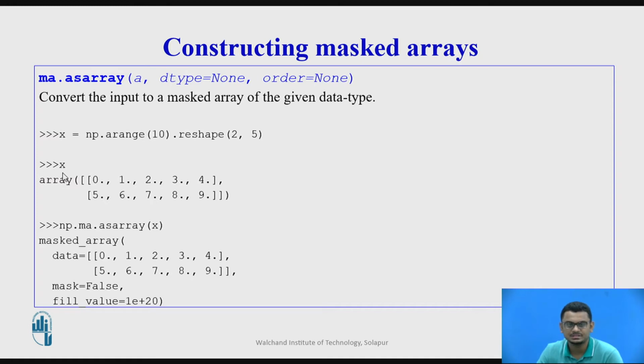You simply pass x to the asarray function, and it converts x to a masked array. The contents of the array are the same in the masked array because there is no masked value as of now. This is how you convert an array to a masked array of any data type that is given in the array.